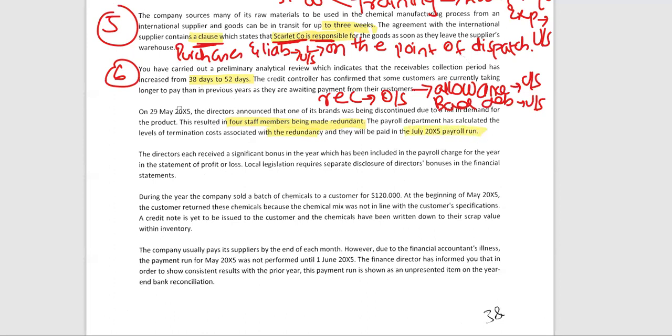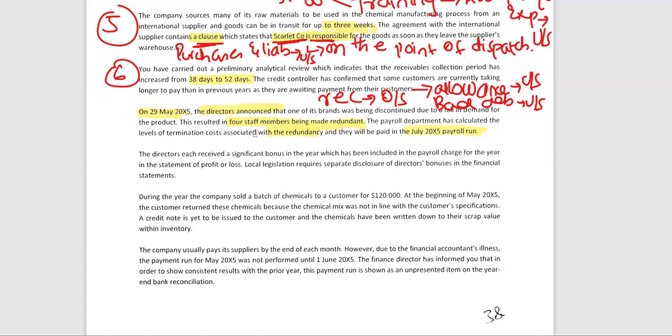Okay, the directors announced this on 29th May 20x5, before the year end. So IAS 37 requires that when this event is already announced, the company has to make a provision in its books because there is a probable outflow of economic benefits.